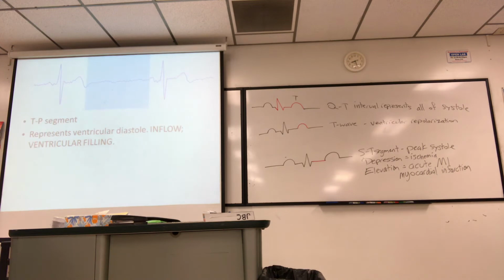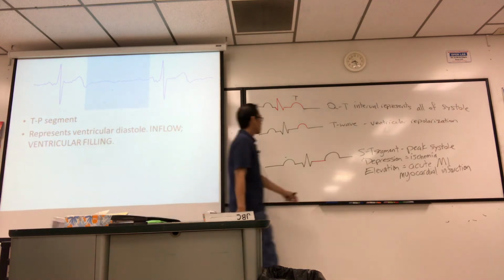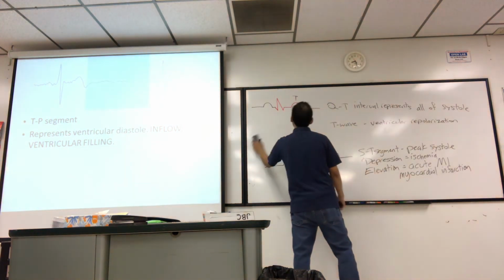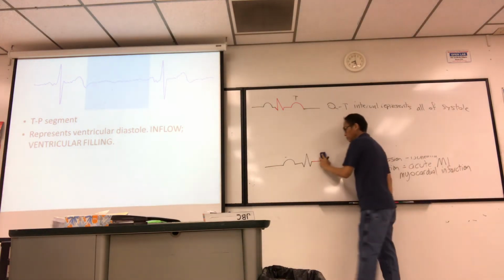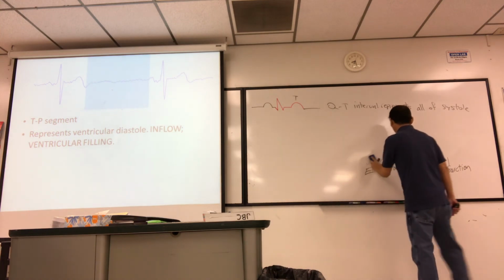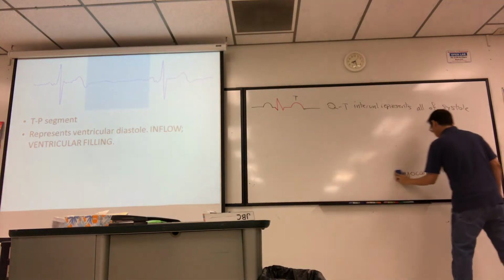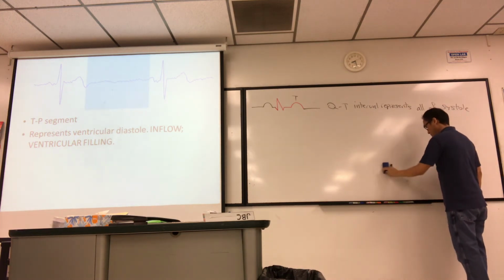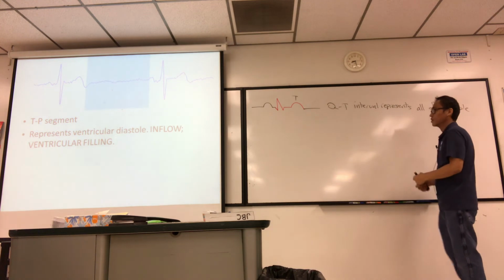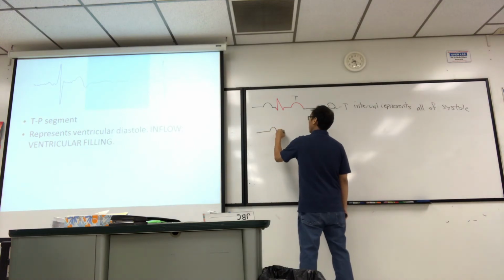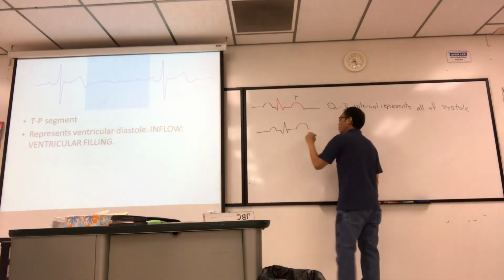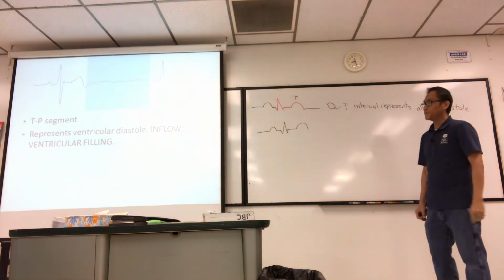And the other thing you can measure is what's called the TP segment, which is basically diastole, or most of it. So how you measure it is basically the time between two ECG cycles.